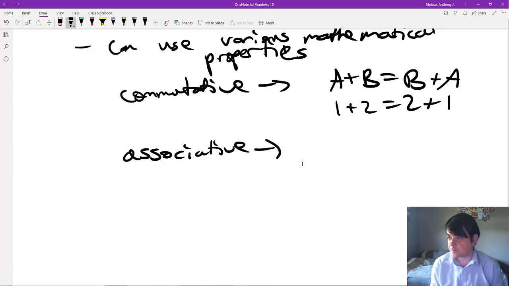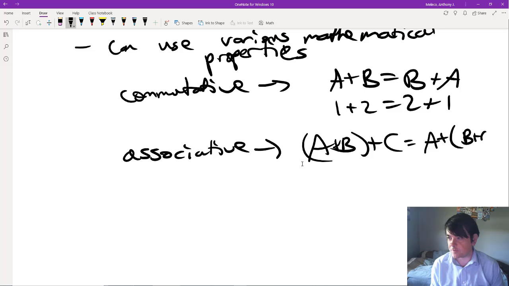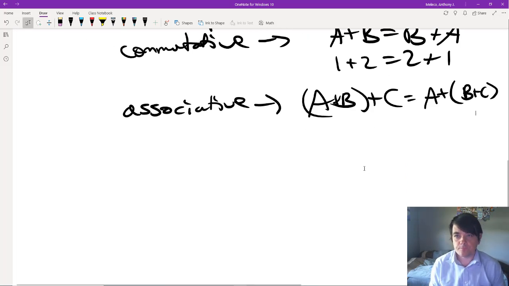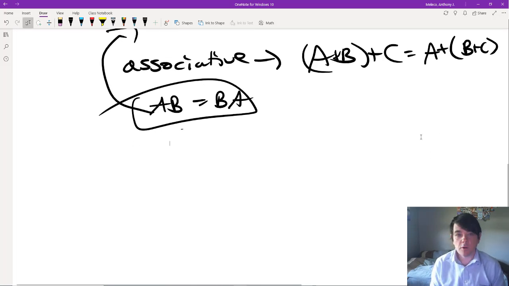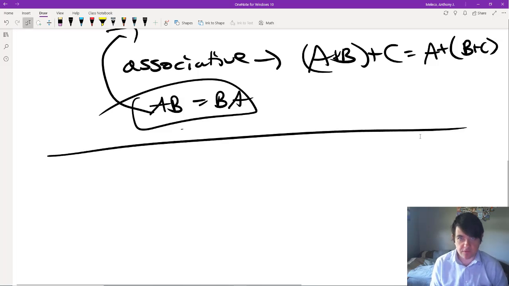They're associative, which means A plus B, grouped, plus C equals A plus B plus C. You can also do A times B equals B times A. They commute, so it doesn't matter the order in which you apply them. So that's a scalar. You're very used to this. This is what you do all the time with regular math.